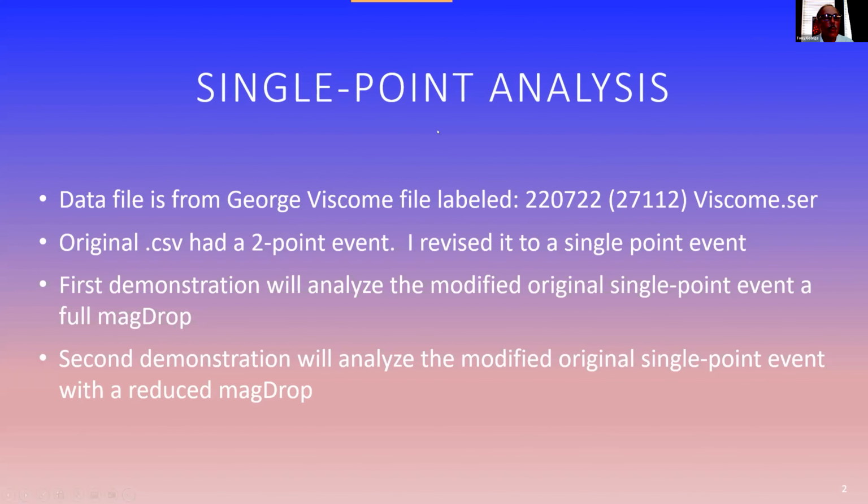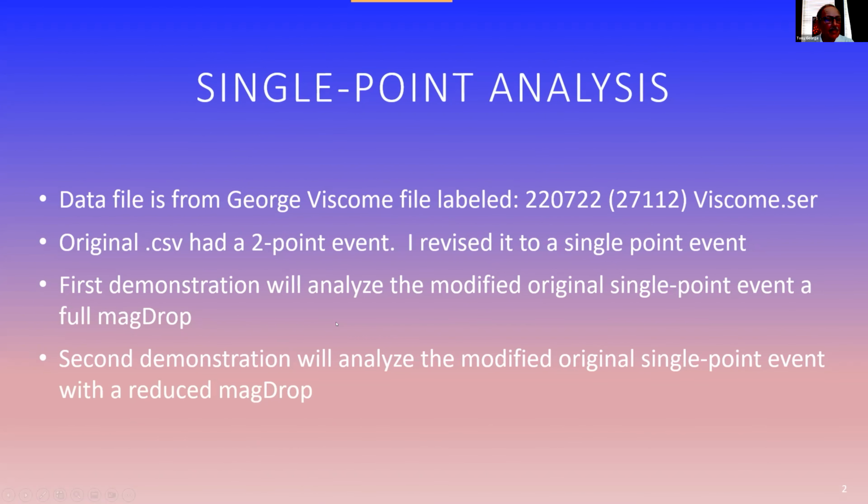So the single point analysis that I'm going to cover, the data file is from George Viscomi that he gave to me. It was actually a valid 2-point event. There were 3 points, but 2 of them were transition. So the actual duration was approximately 2 points. And I just manually took it into Excel and revised it into a single point event for the sake of this demonstration.